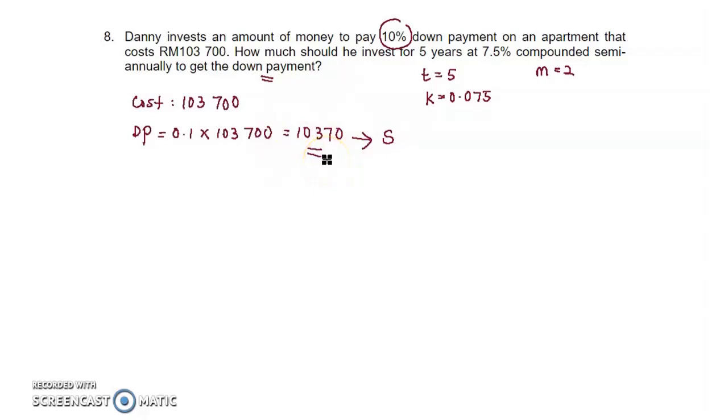In the future, you need to get 10,370, so this is value S. So how much should he invest now? Meaning we want to find value P. So again use the compound amount formula S equals P(1 + i)^n. Make P the subject.